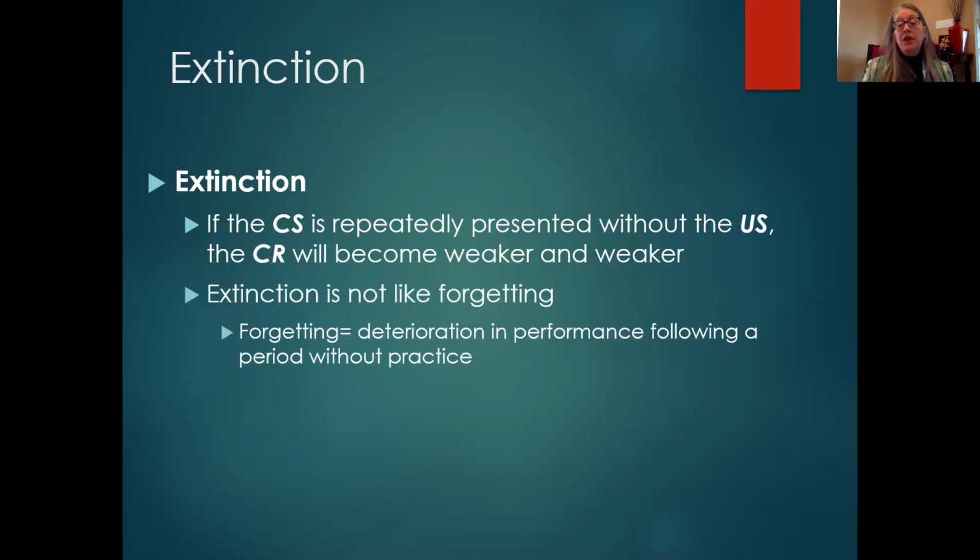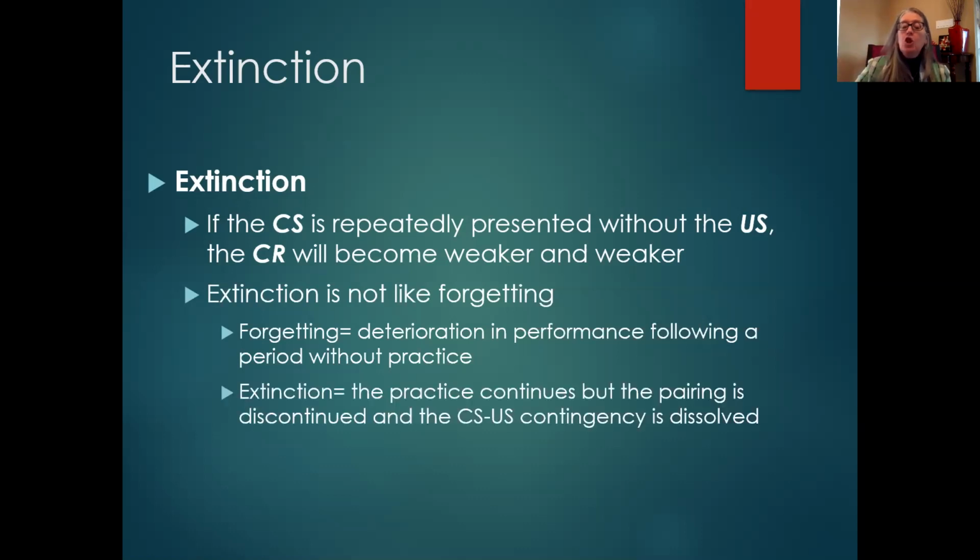Extinction is different than forgetting. Sometimes students get this confused. Forgetting is when you stop doing something because the trace, or whatever you're thinking of, becomes weaker and weaker. Extinction is not that the salivation becomes weaker. It's almost like new learning, that the metronome is unlikely to be paired with the food, so salivation doesn't happen anymore.